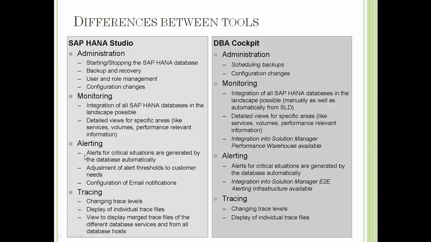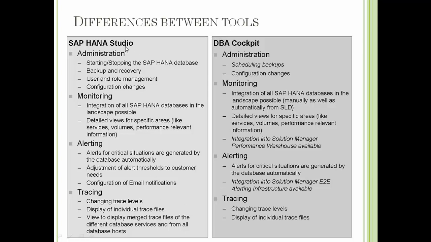And coming to the alerting section, we can alert for critical situations and also check these alerts. We can enable the alerting and also check the alerts, and the same functionality is available in DBA Cockpit as well. Adjustment of alert thresholds to customer needs is possible with HANA Studio, whereas that is not possible with DBA Cockpit.